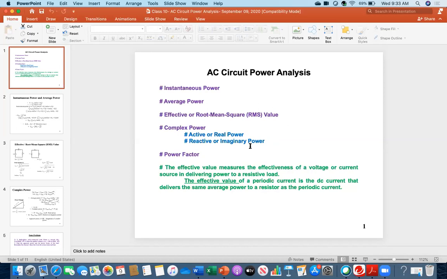When it is an inductor or capacitor, they don't have any active or real power, because cos 90 gives you 0, but they will have enough reactive power. So now the question is, what is reactive power? What is its significance? How can I measure it and understand the amount of reactive power? Those things I will be discussing today, followed by an example.